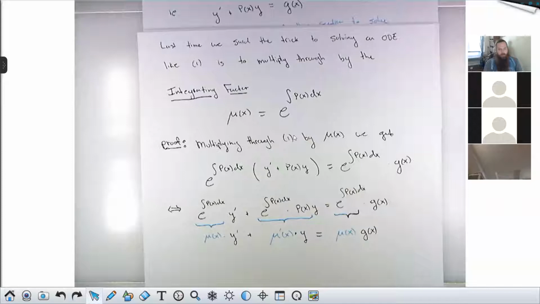So yeah, the magic is recognizing that these two pieces together form mu primed. And that's coming from the chain rule. If you don't believe me, take your time, come off to the side, calculate the derivative of mu. It just follows from the chain rule. You get e to some stuff back, and then you multiply by the derivative of that stuff. Well, the derivative of that stuff is just p of x. This is by design.